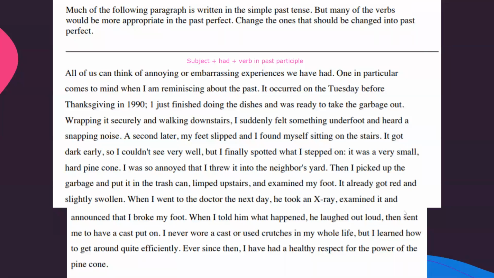Lizzie, please. When I told him what happened, he laughed aloud, then said me to have a cast put on. Thank you. Now, there is a past perfect there. Can you spot it? A past perfect, yes.